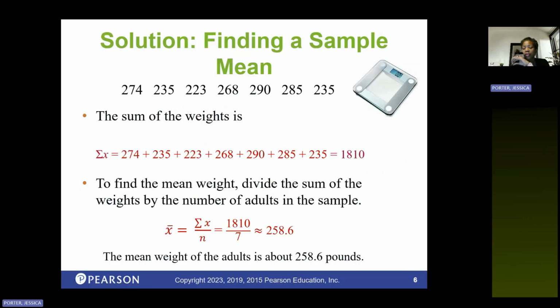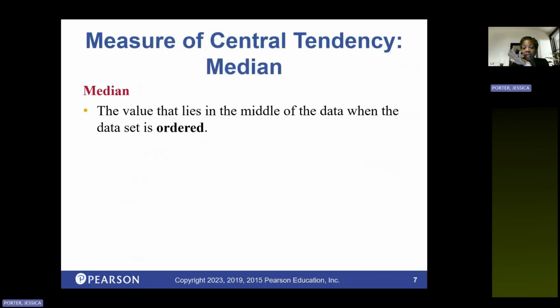I'm going to go all the way through to the mode, and then we will go to StatCrunch and see how we can do this in StatCrunch. The median is going to be the middle of your data set. So that means you have to order your data set from least to greatest, and then find the middle.